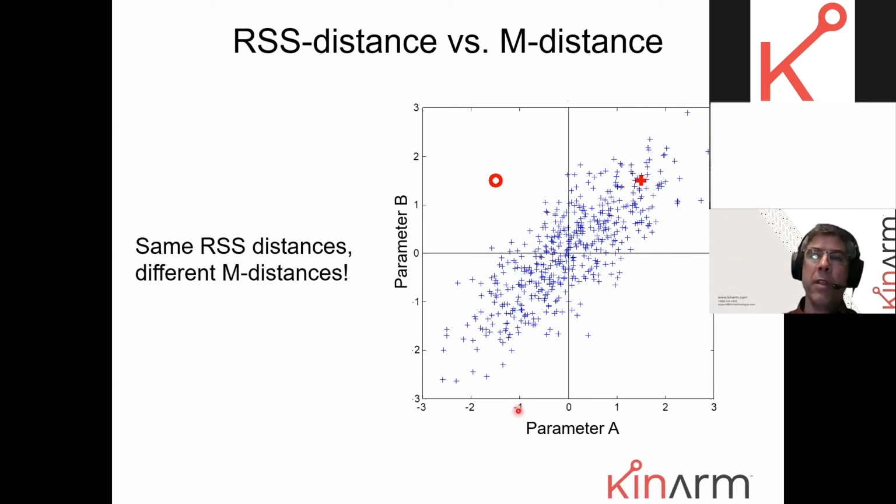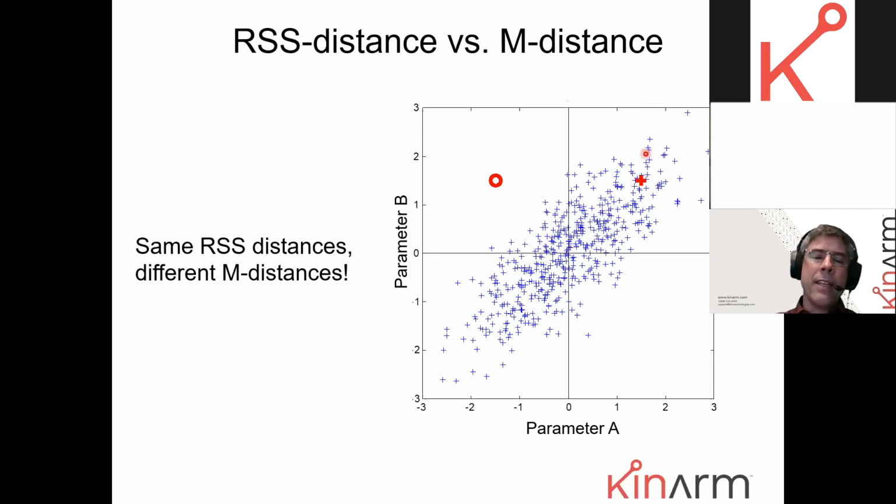That's both within normal, nothing special there. And they both actually have the same behavior in B. If I look at the RSS distance, which is how far away from zero it is, you can see that those distances are equal. So if I just look at parameter A, there's no difference between these two subjects. If I just look at parameter B, there's no difference. If I look at the task score, which is based on the RSS distance, again, no difference.